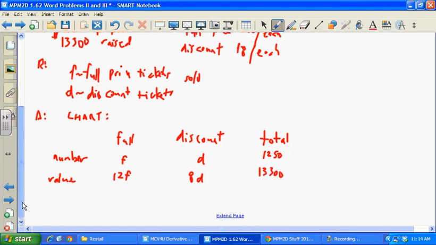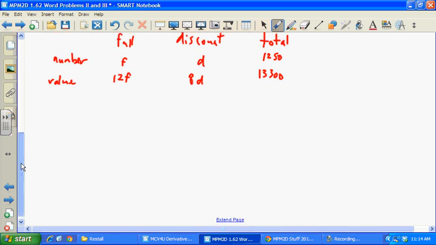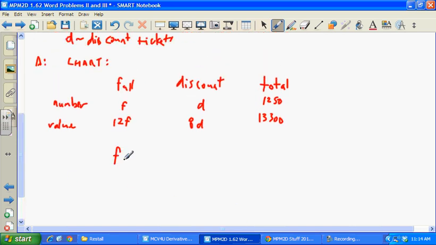So here's our two equations. That's going to come from the analysis step, folks. F plus D is equal to 1250, and notice that that one's pretty close to ready for substitution. Certainly it's ready for elimination. I'm going to call that equation 1. And 12F plus 8D is equal to 13,300. And that's equation 2.